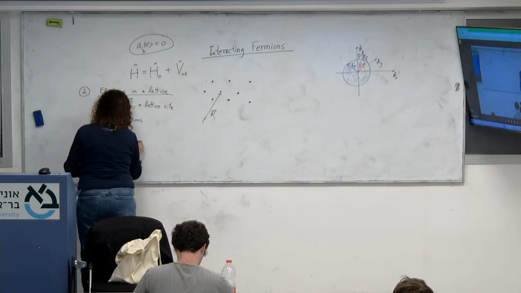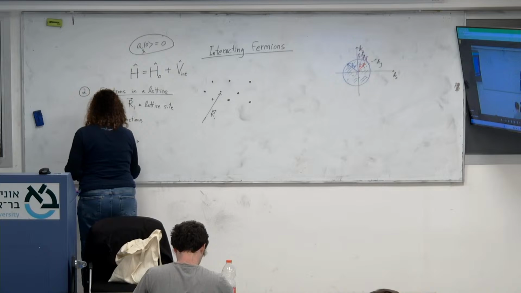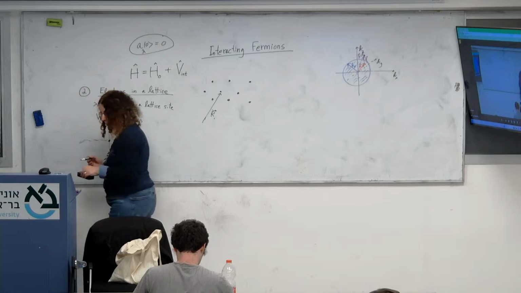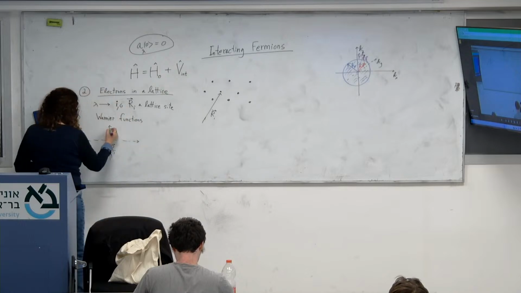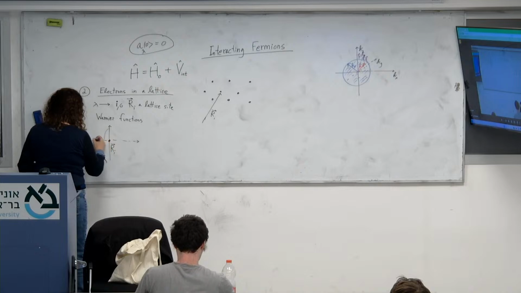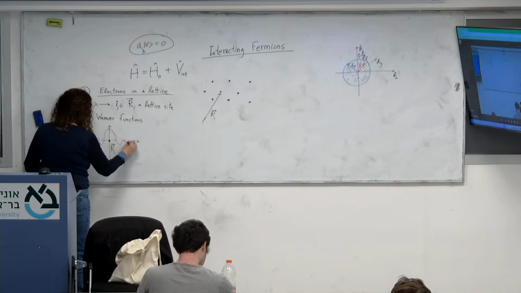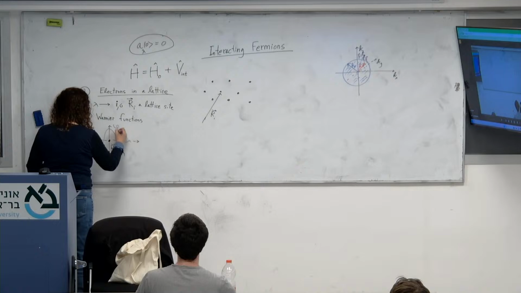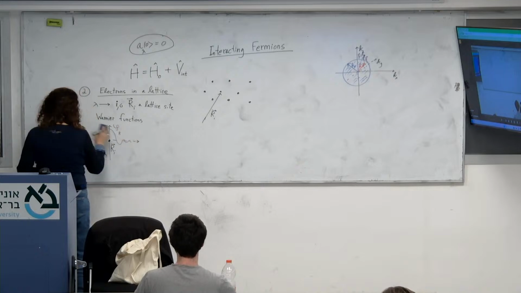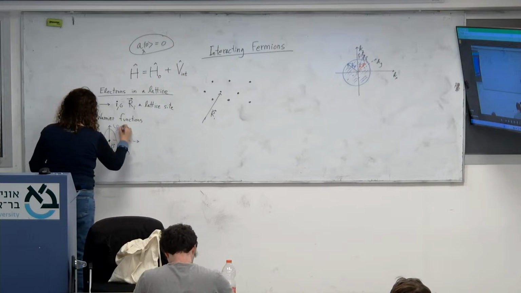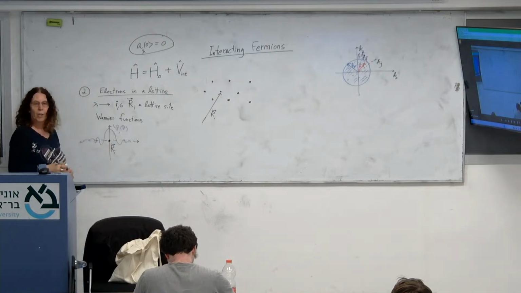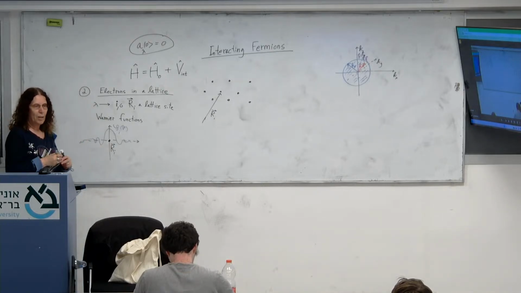Look at some axis in space where this is the lattice site. And the wave functions that we're thinking of, typically they look like this. Let me just call it phi_i. This is how they look, typically, something like that.